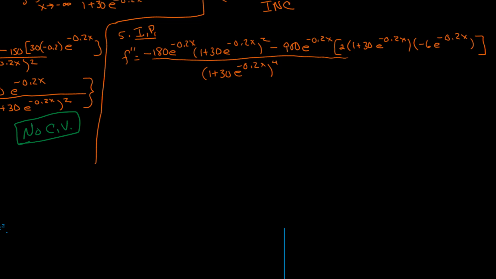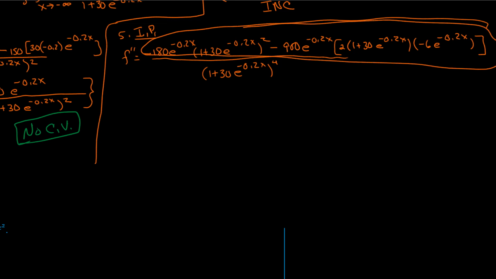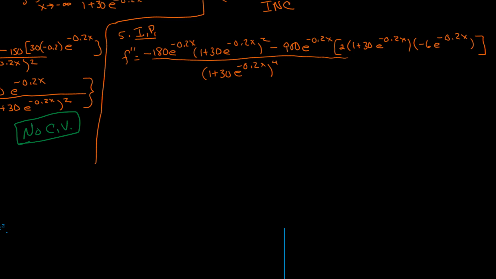When I take this equation, I'm only going to take the numerator and substitute that into Wolfram Alpha because I want to know where this second derivative equals 0. Well, it equals 0 if the numerator is 0. The second thing we want to know is when is it undefined? It would be undefined when the denominator is equal to 0, but that never occurs.